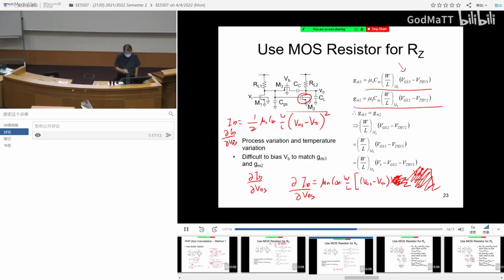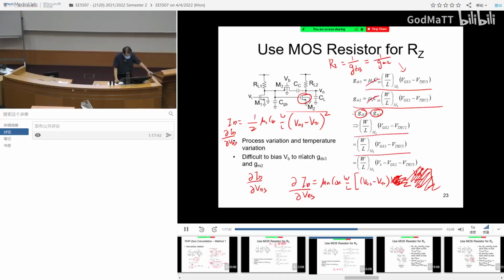Your goal is to make RZ, which is given by 1 over GDS3, equal to 1 over GM2. In short, we just need to make sure GDS3 equals GM2. To do that, you only need to make sure this term equals this term, because μn and COX cancel.